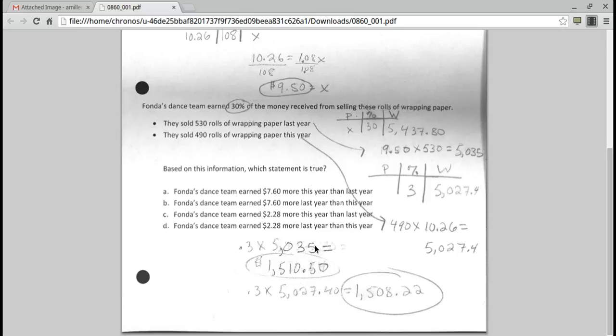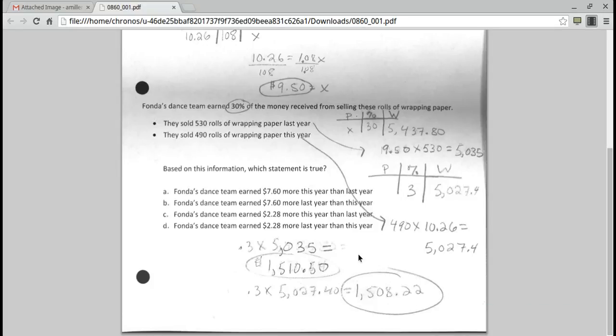So I have to do the same thing, my part percent whole. They're going to keep 30%, and it says 3, it should be 0.3 or 30%. 30% of $5,027.40. So I do 0.3 times $5,027.40, and I get $1,508.22.